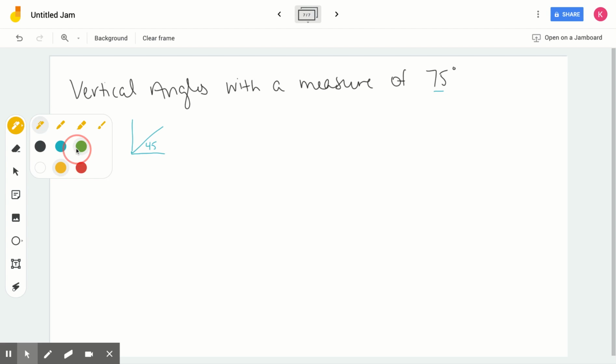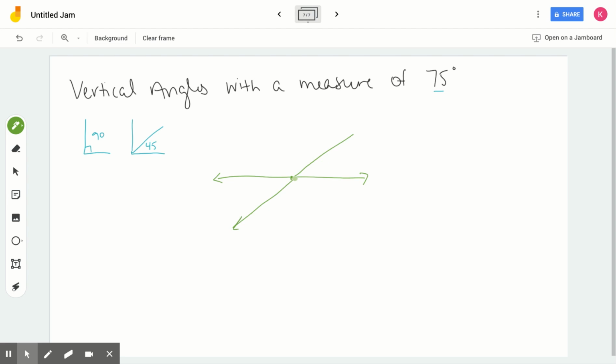So we might want to start by drawing a straight line and thinking, okay, we know it's not a perfect corner, but it's slightly less than that.